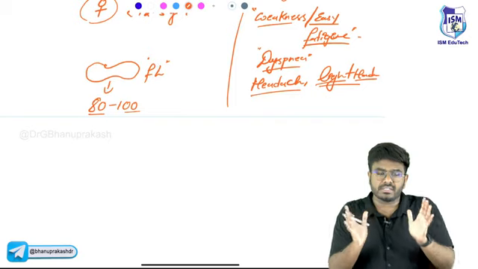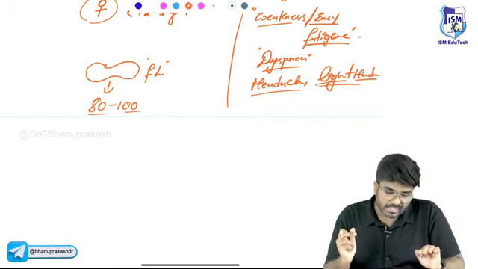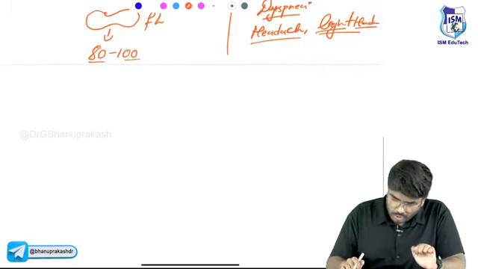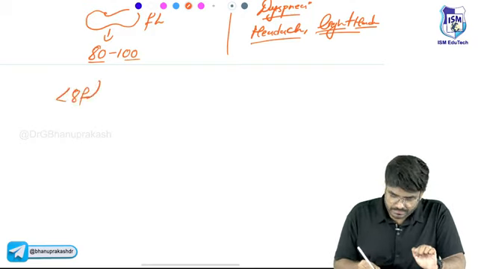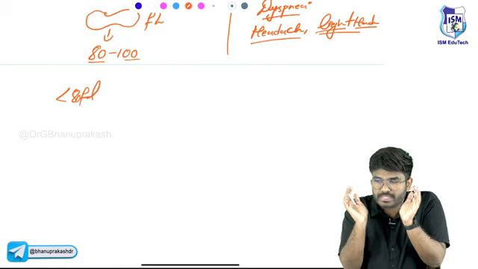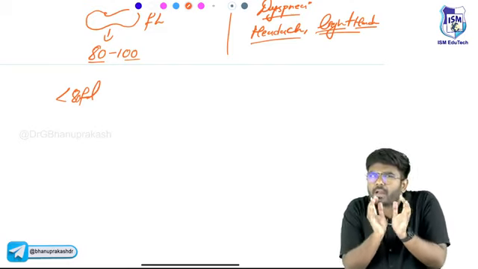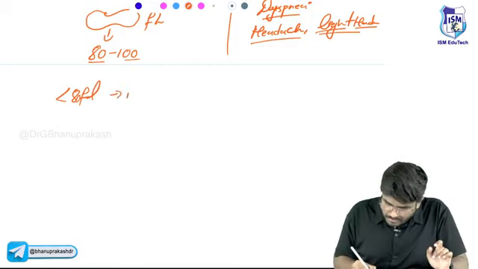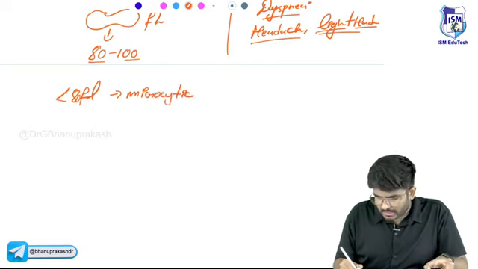If the RBC volume is less than 80 femtoliters, which means the RBCs are becoming smaller, these are smaller RBCs. When the RBCs are smaller, those kinds of anemias are called microcytic anemias.